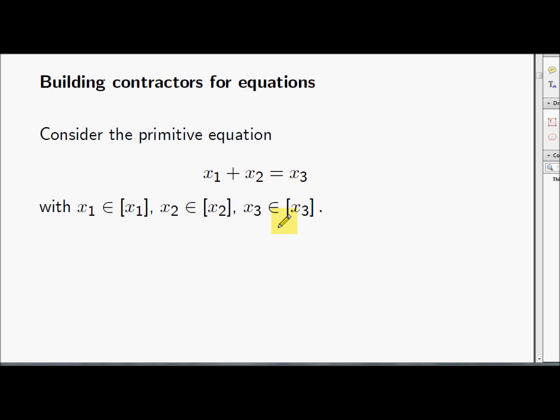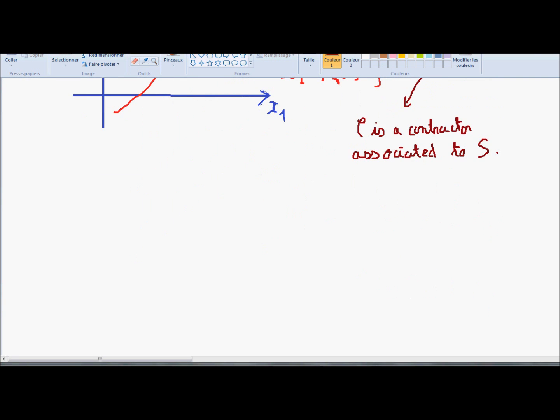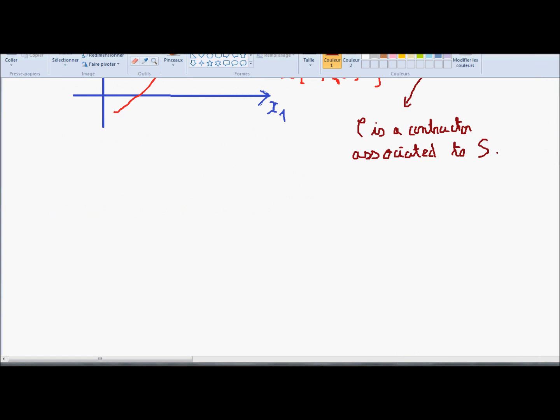So here I have my function, my equation f of x, where f of x corresponds to x3 minus x1 minus x2. Since f of x equals 0 is equivalent to saying that x3 equals x1 plus x2.